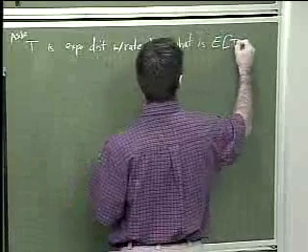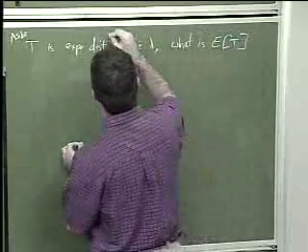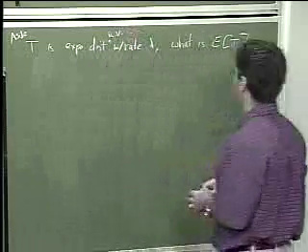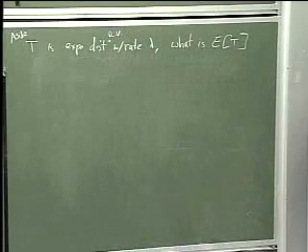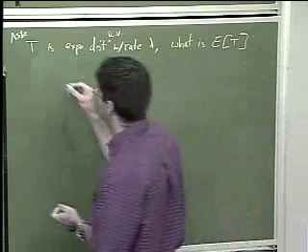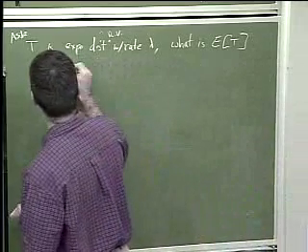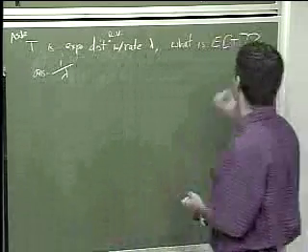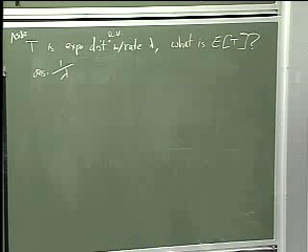What is E of t? So t is an exponentially distributed random variable with rate lambda. What's the expected value of t? Anybody know? 1 over lambda. Yeah. Anybody got to compute that real quick, based on what I did give you?